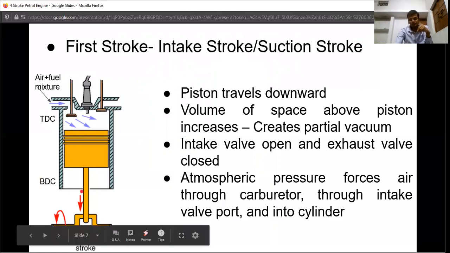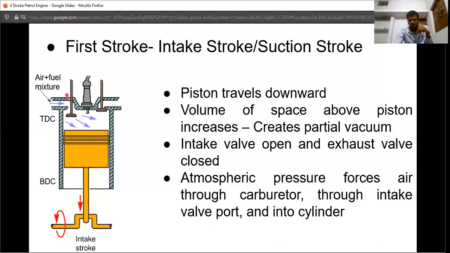During this stroke, the inlet valve is open, as you can see in the figure. The volume of space above the piston increases, creating a partial vacuum. Atmospheric pressure forces air through the carburetor, through the intake valve, and it is drawn into the cylinder.